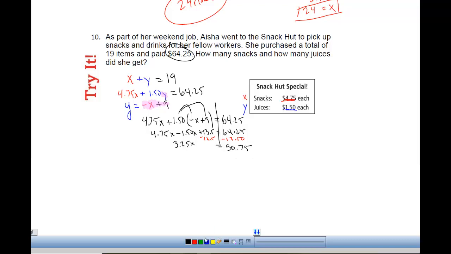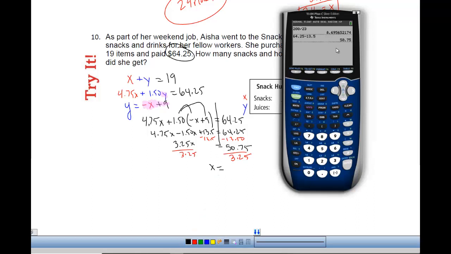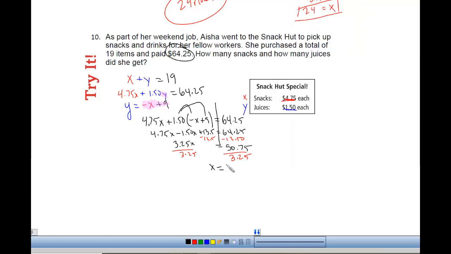And if I want to solve, we just divide by 3.25. And 50.75 divided by 3.25 equals 15.62. And we'll just round it to the tenth, 15.6.